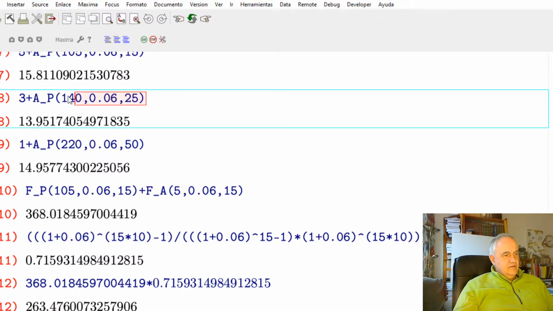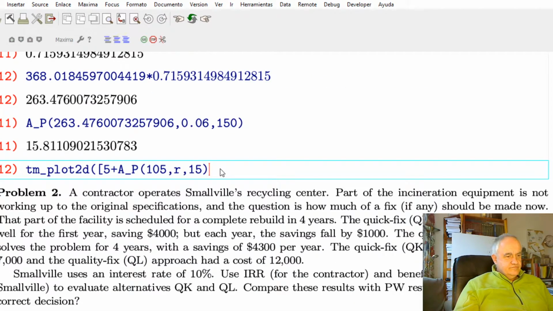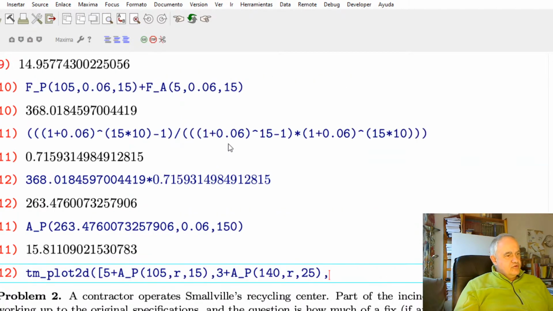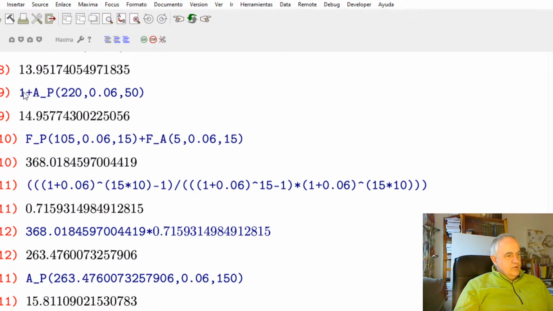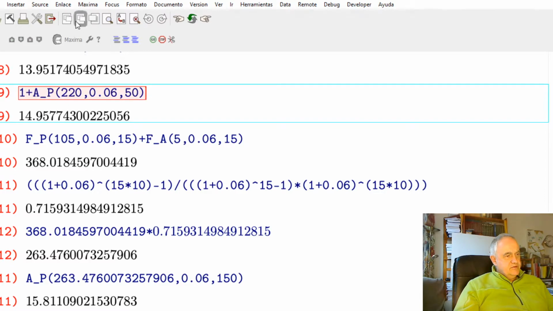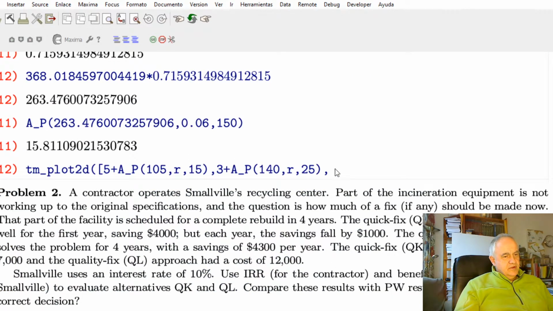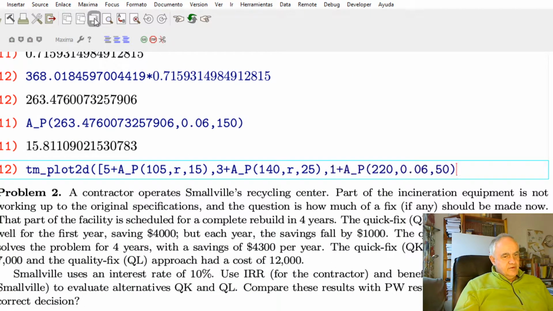Then we select the second model, and again we transform the 6% into a variable R. And finally, the third one we have already computed is this one, and it is here.